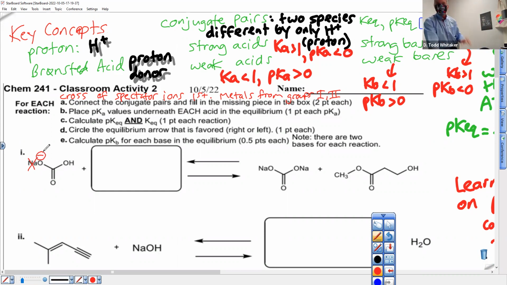You better show me you know it's charged. Go over here, do the same. And that's all the spectators. Now, the reason you're doing this is so you don't think that things are related because they had sodium attached to them. Couldn't be further from the truth, everybody. What is the relationship between a conjugate acid-base pair?